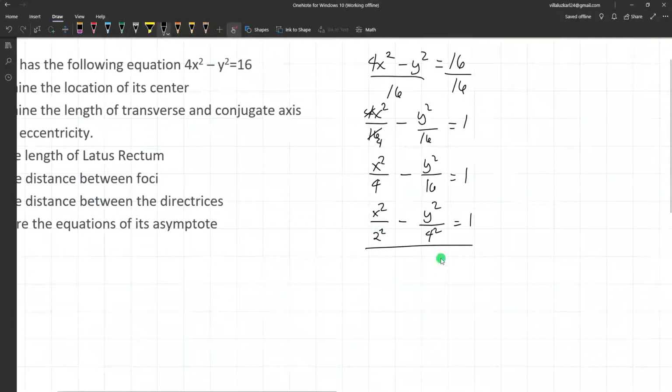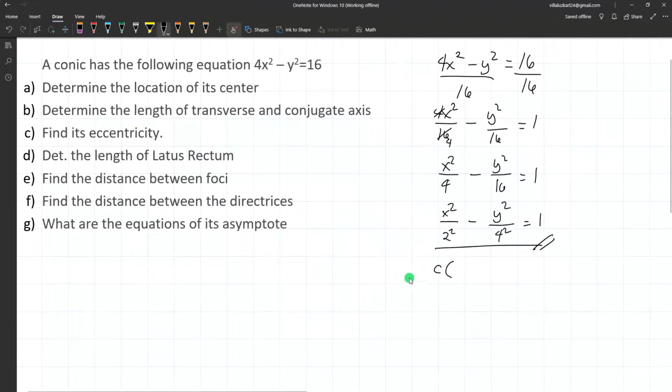From that, we can derive the center. We can determine the center of the hyperbola. The center is located at the origin, or (0, 0), since we don't have a value for h and k in the derived standard equation.